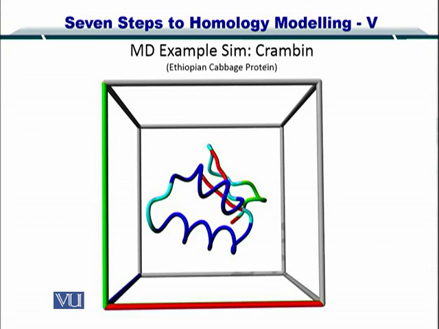Okay, so here is your protein. This example is for crambin, a cabbage protein, and here in the box you can see we have trapped this protein, which acts as an isolation chamber for this protein, and we compute the possible conformations of the entire backbone as well as all the rotamers.